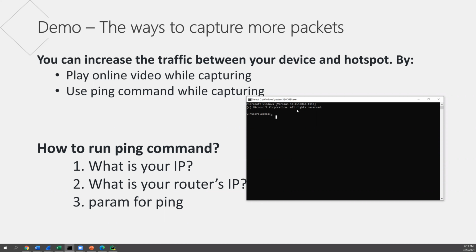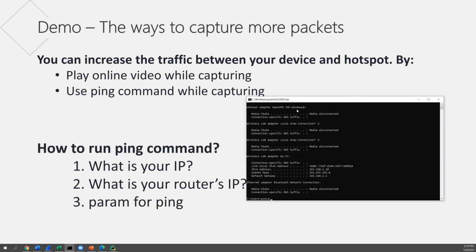We can use the ipconfig command to figure out your IP address. You can clearly see that your IP address is this one, and the router's IP address is this one. This one is your computer's IP address, and because we are going to communicate with the router, we need to ping the router. So that is the address we need to ping.